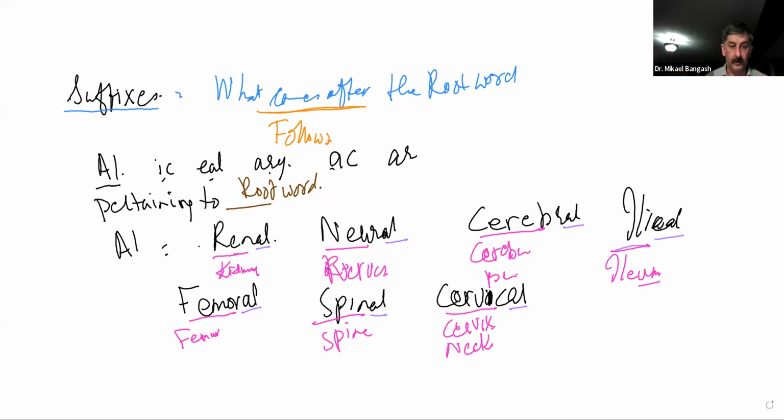So the word nerve means nerves. So neural will be pertaining to nerves. Okay. We can go on with -ic.